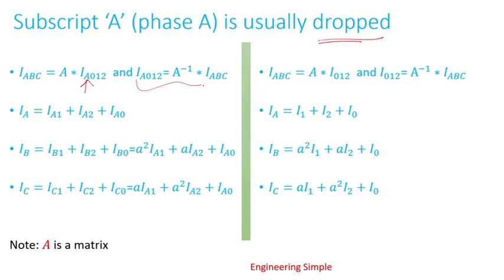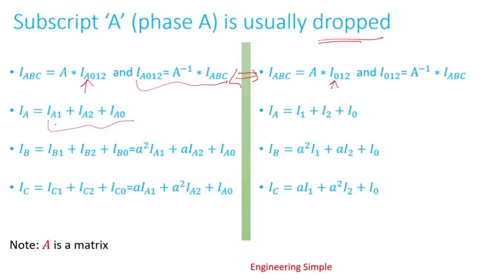Then if you want the sequence currents, that's the equation. But in this equation here, I'm just dropping phase A, or the subscript A, just so you know that they are the same. So if you don't see the subscript A, just keep in mind that they refer to phase A. Then the phase A current in terms of the positive, negative, and zero sequence is this.